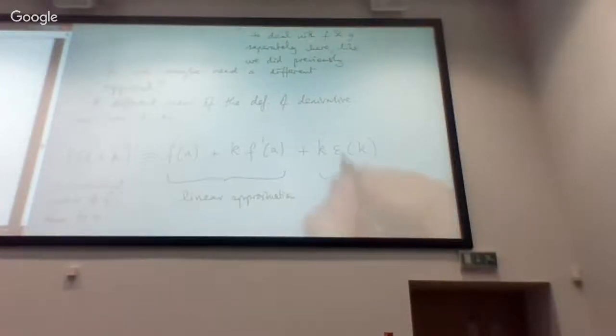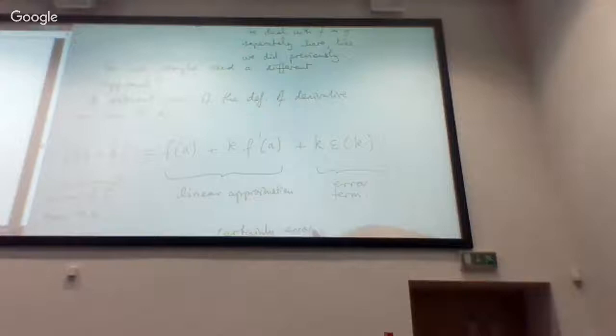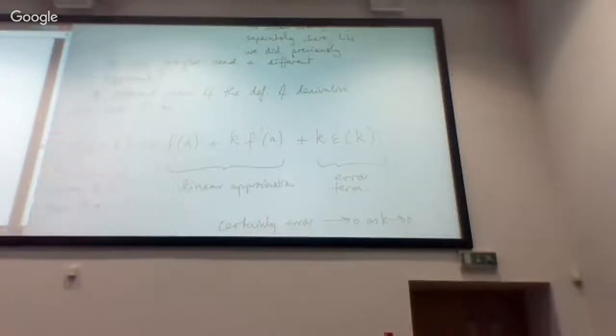Certainly the error goes to 0 as k goes to 0. We kind of expect that. We're approximating something with an estimate and an error. As k, which is measuring the change, the distance to the new point, goes to 0, you get closer and closer to the base point. You'd expect the error to go to 0.